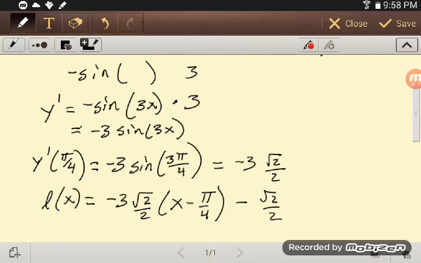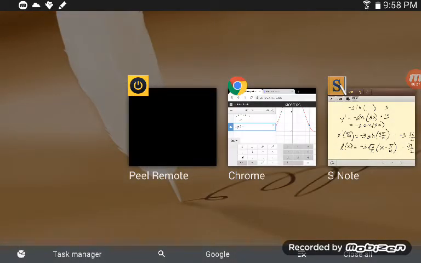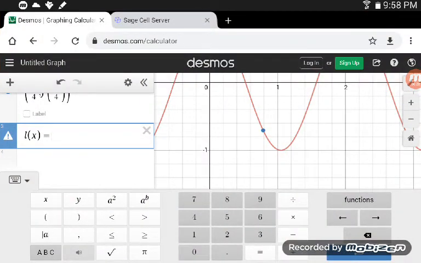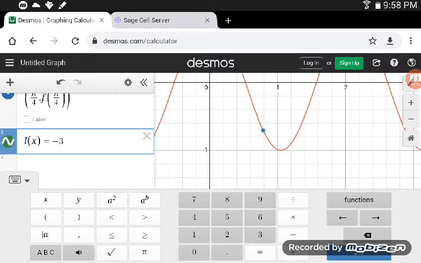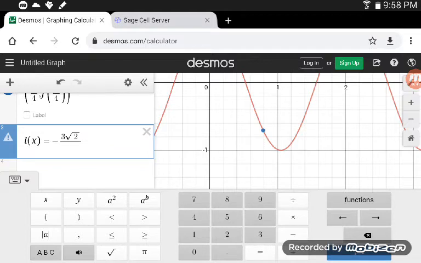Minus 3 times the square root of 2 over 2. So negative 3 square root of 2, divided by 2, times x minus pi divided by 4.